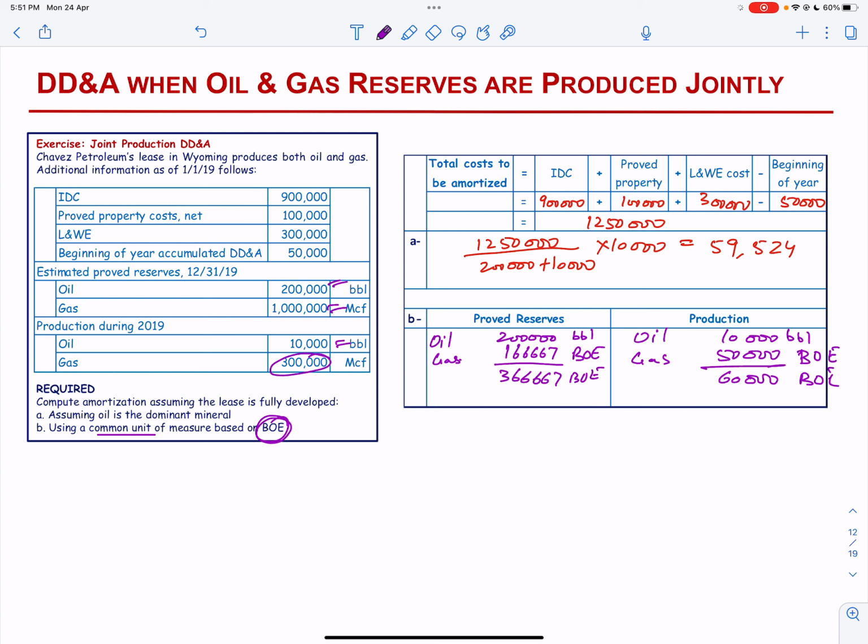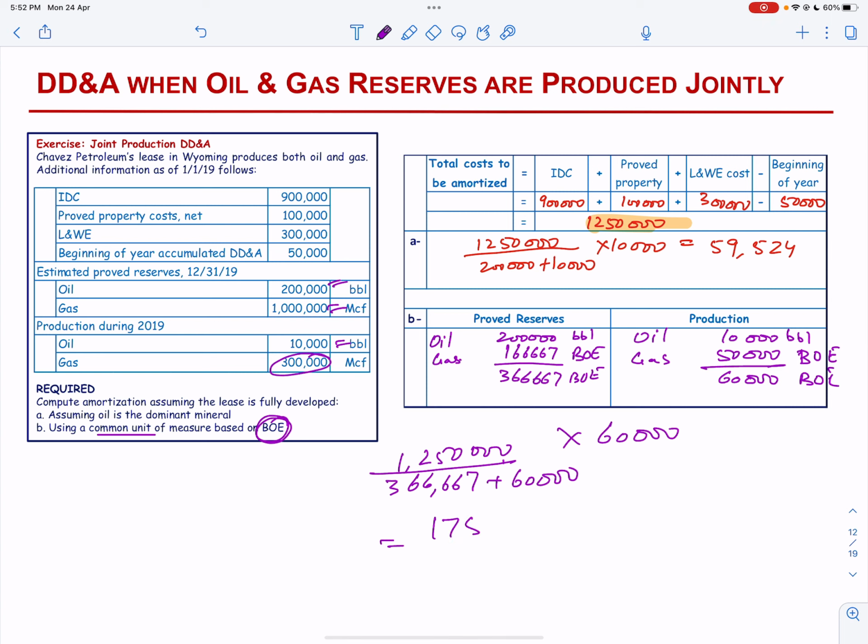We have the cost to be amortized, that is 1,250,000, divided by the proved reserves, that is 366,667, plus the production in barrels of oil equivalent, times the production, that is 60,000. So that gives us 175,781.